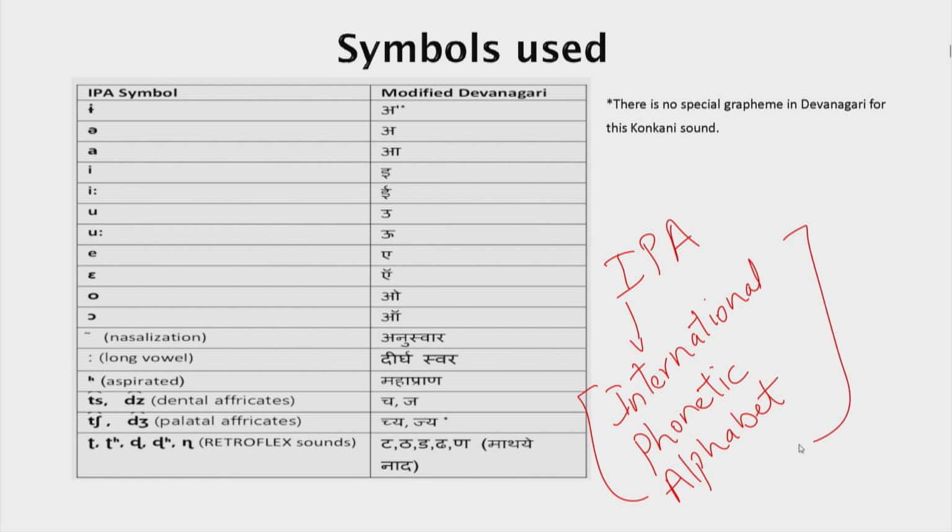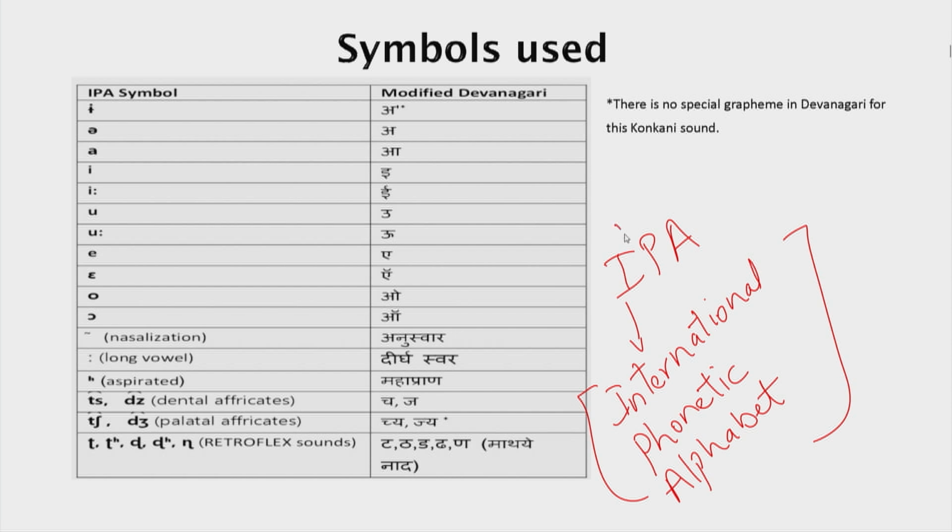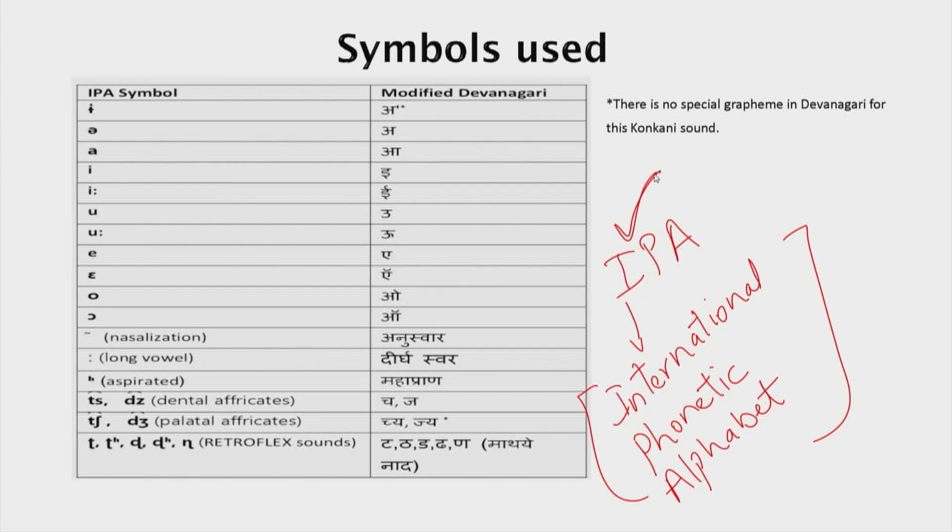The main aim of IPA is to represent all the sounds in a given language. So, because of the limitation of the Devanagari script, and also because all might not be very familiar with the Devanagari script, I have used these IPA sounds or IPA symbols. These you will find in any dictionaries. For example, the Oxford dictionaries have the sound of the word mentioned in this type of brackets.